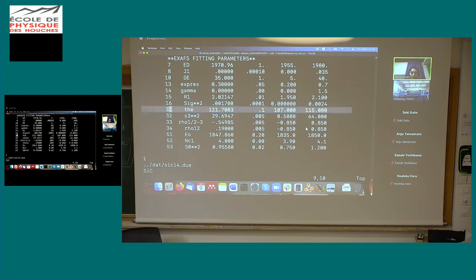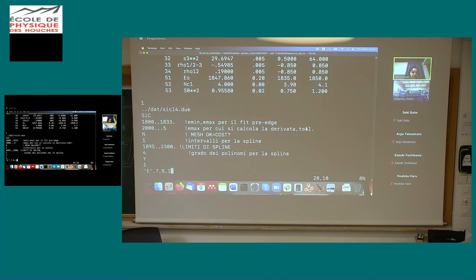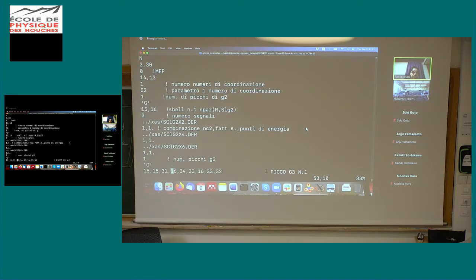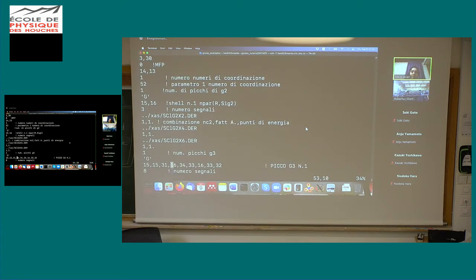These are the first three parameters. Then we have 16, and 16, as you can see here, it's the sigma square of R1.